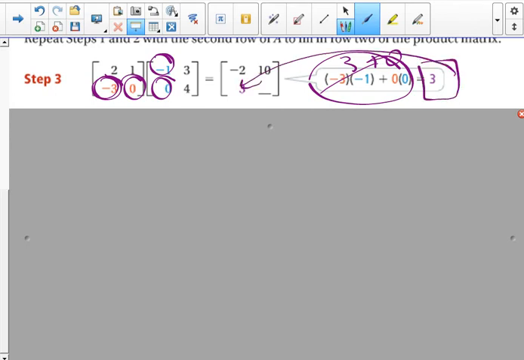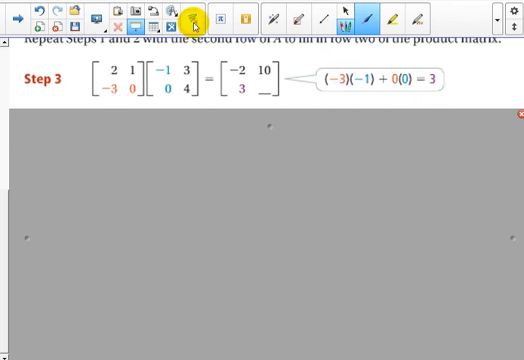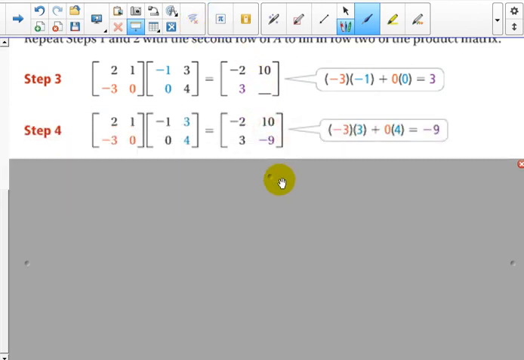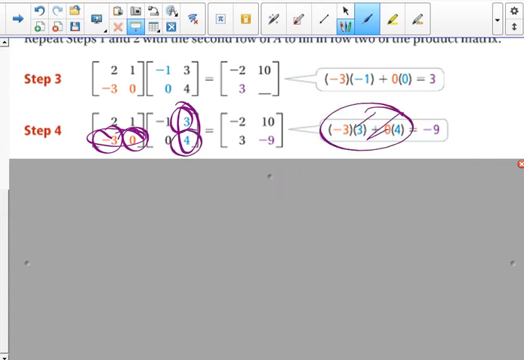And that goes in that space. And then lastly, to get the last one, we're going to repeat the process, but with the second column. So negative 3 times 3 plus 0 times 4. Negative 3 times 3 is negative 9. Negative 9 plus 0 is negative 9, and that goes in your last element.